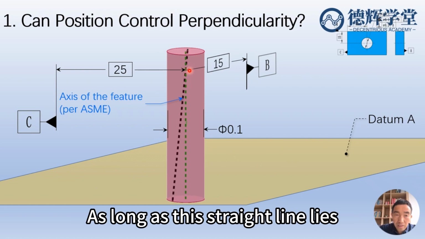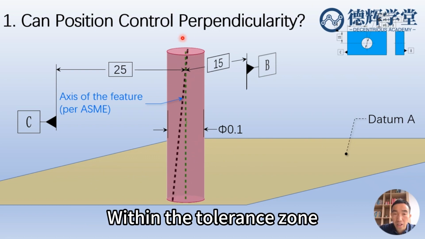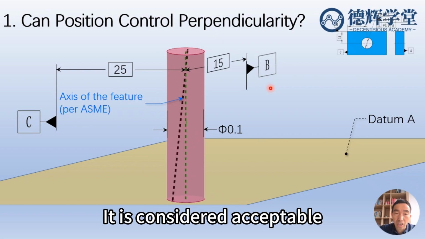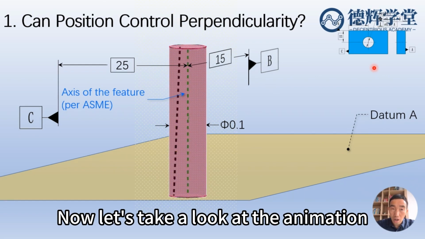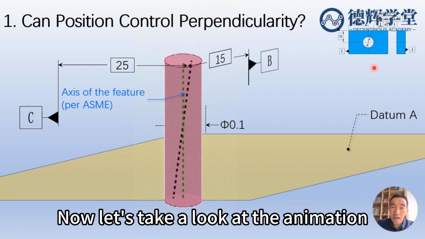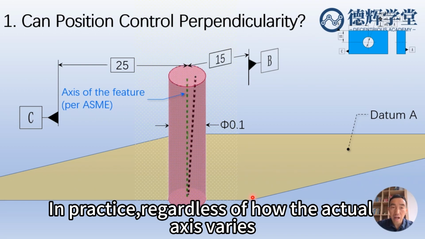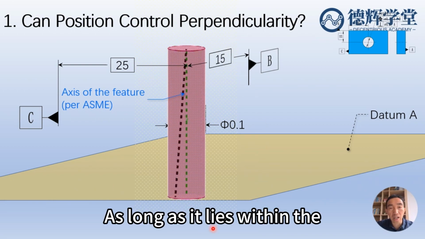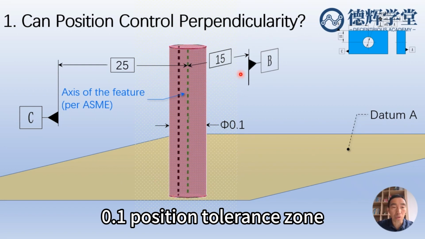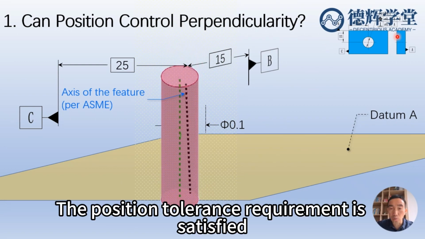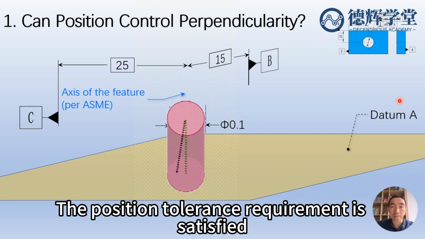As long as this straight line lies within the tolerance zone, it is considered acceptable. Now, let's take a look at the animation. In practice, regardless of how the actual axis varies, as long as it lies within the 0.1 position tolerance zone, the position tolerance requirement is satisfied.